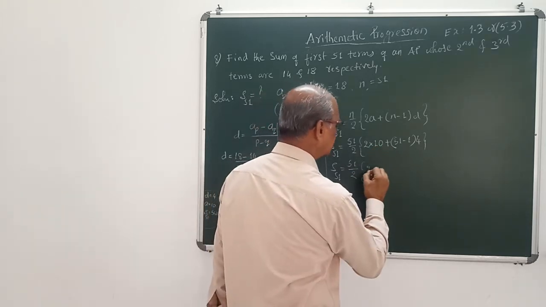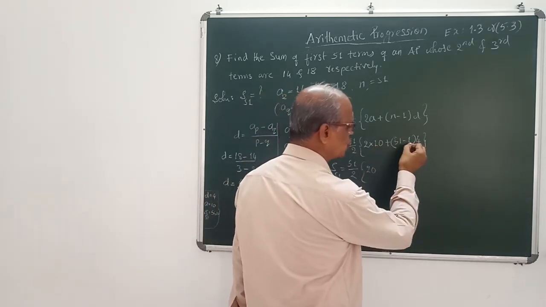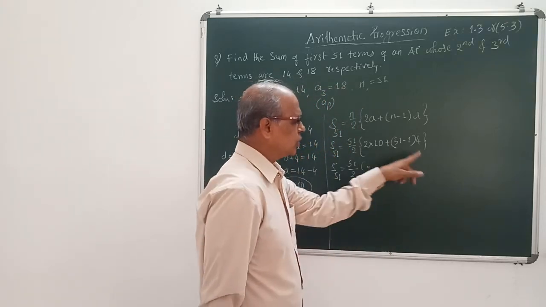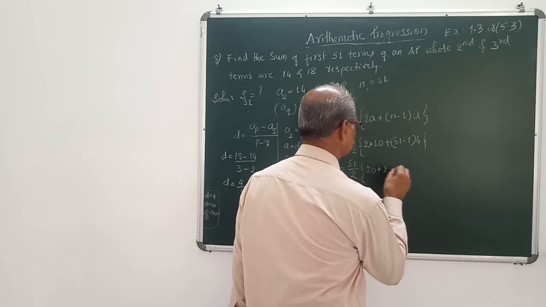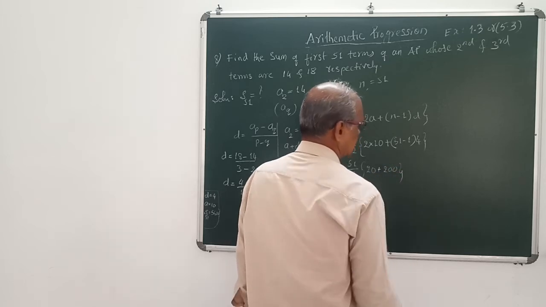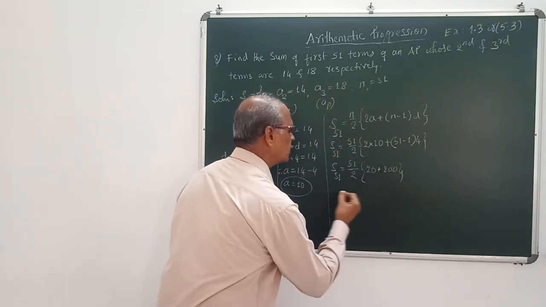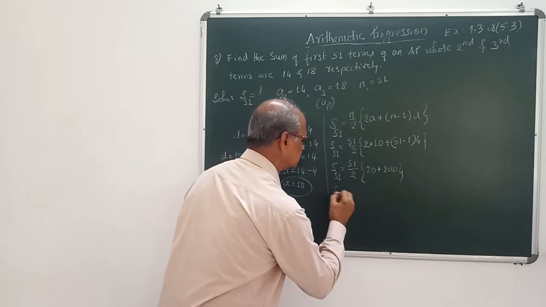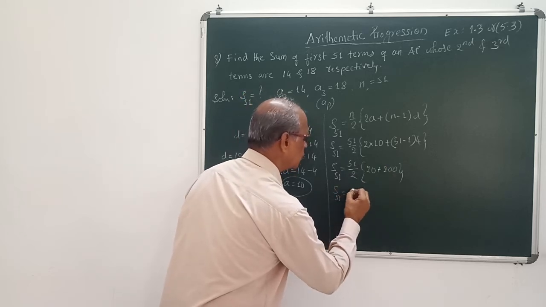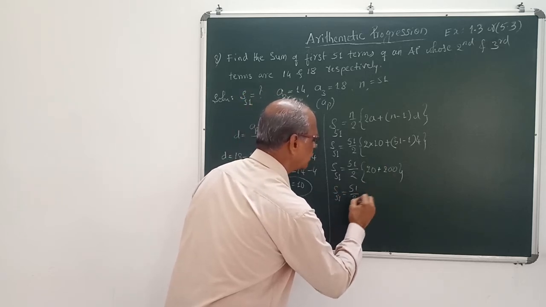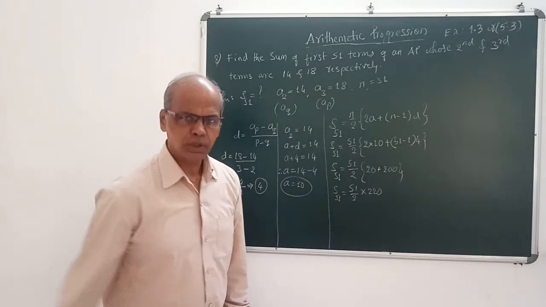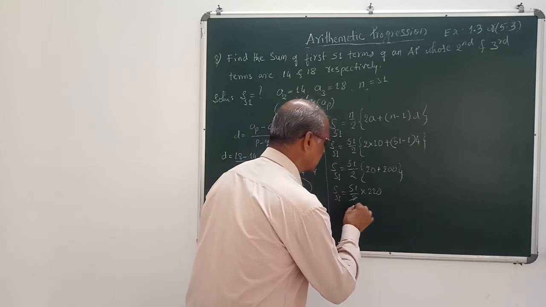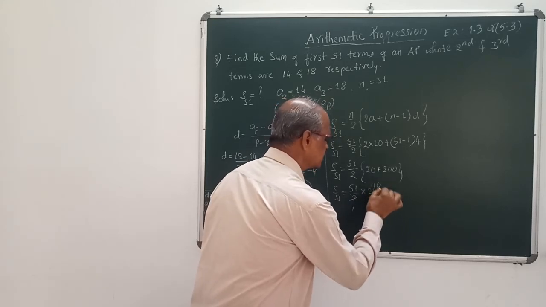So here it is 20, 51 minus 1 is 50, 50 into 4 is 200. This is plus. Right? Now here it is, don't cancel. S51 is equal to 51 by 2 into 220. 200 plus 20, 220. Now you can cancel. 2 ones are 1s are 0s are.